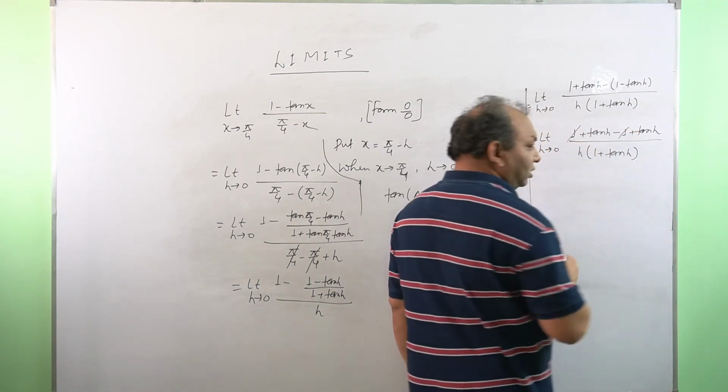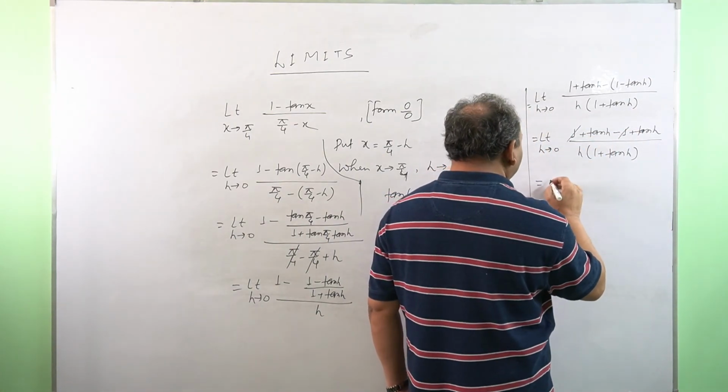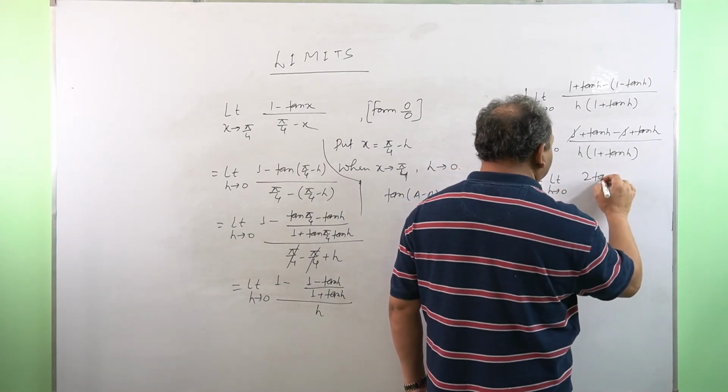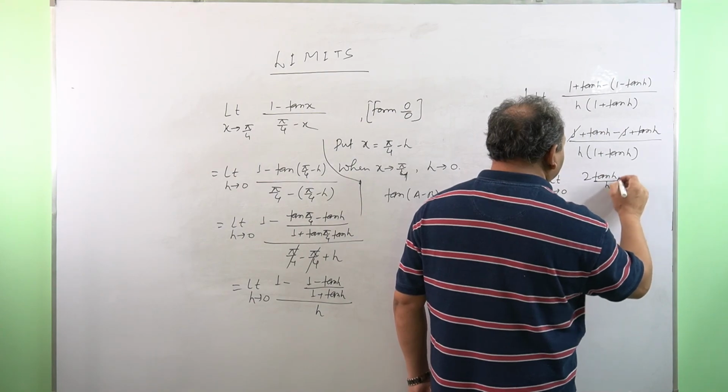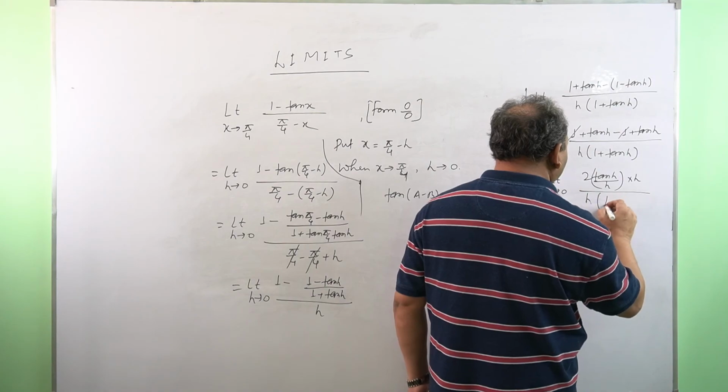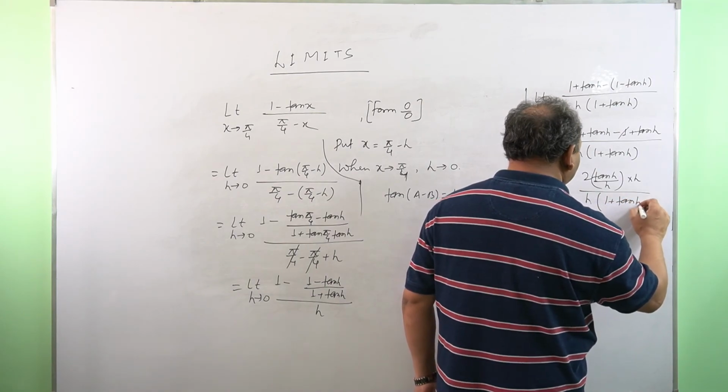Plus 1 minus 1 cancel out. So in the numerator, it becomes 2 tan h. We can divide it by h and multiply it by h, divided by h into (1 plus tan h).